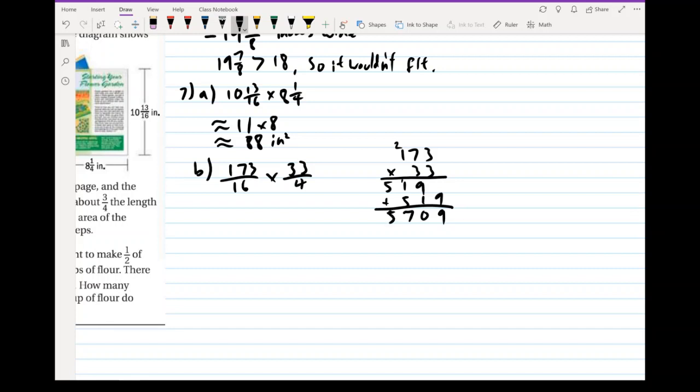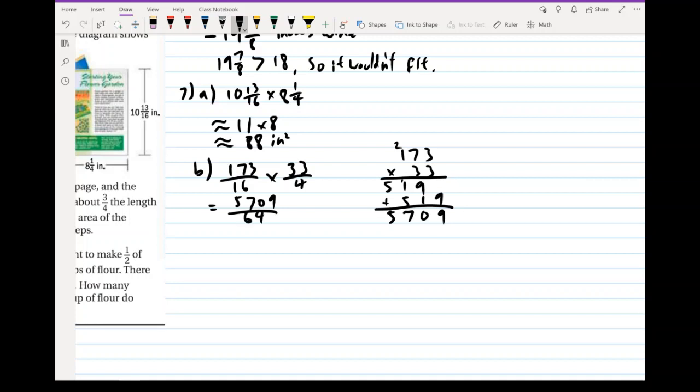So 5,709, that's the top. Then we have 16 times 4 at the bottom, which will be 4 times 10 is 40, 6 times 4 is 24. Add them together, 24 plus 40, which is 64.